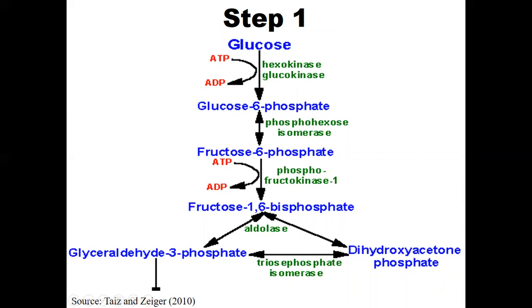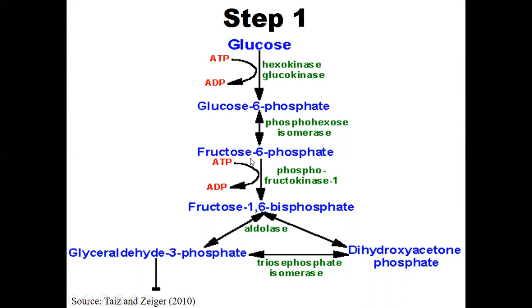This glucose 6-phosphate is converted into fructose 6-phosphate, which is an isomer of glucose 6-phosphate. An isomer is simply two compounds that have the same chemical formula but different structural composition. So in the presence of phosphohexose isomerase, glucose 6-phosphate is isomerized into fructose 6-phosphate.